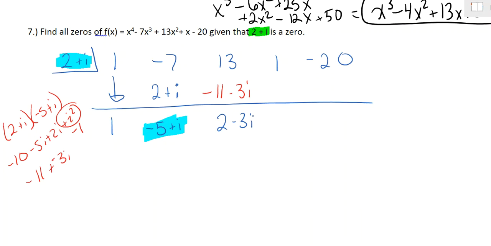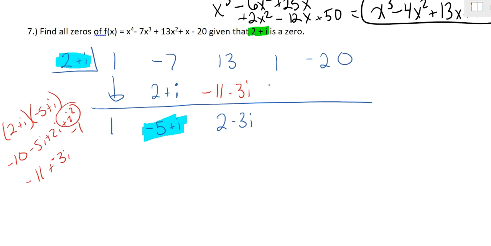Again, I'm going to FOIL that. We're going to get 7 minus 4i. We're going to save a little bit of work. But again, what I did is I would multiply 2 plus i times this 2 minus 3i. Then I'm going to get 8 minus 4i. And again, I'm going to multiply that one more time. And we're going to get 8 minus 4i times 2 plus i.